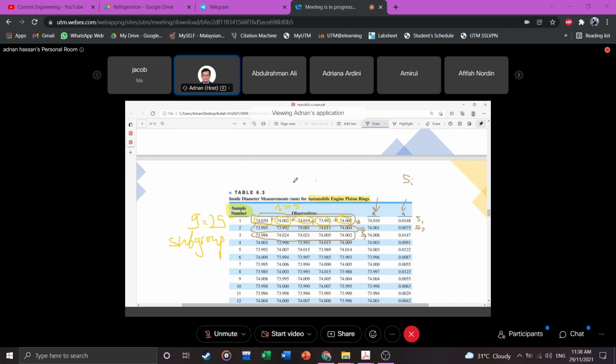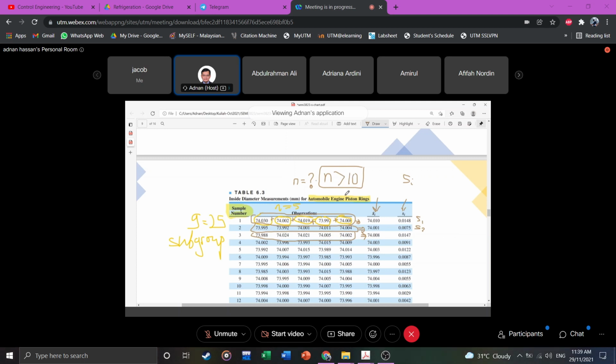Is it enough or not? According to the guideline, how many samples should we take? What should N be? The guideline says N should be more than 10. But how come in this example they give only 5? Because it is just an academic example to make it easy. Don't be confused; to make the calculation simple they show 5, but it should be 10.